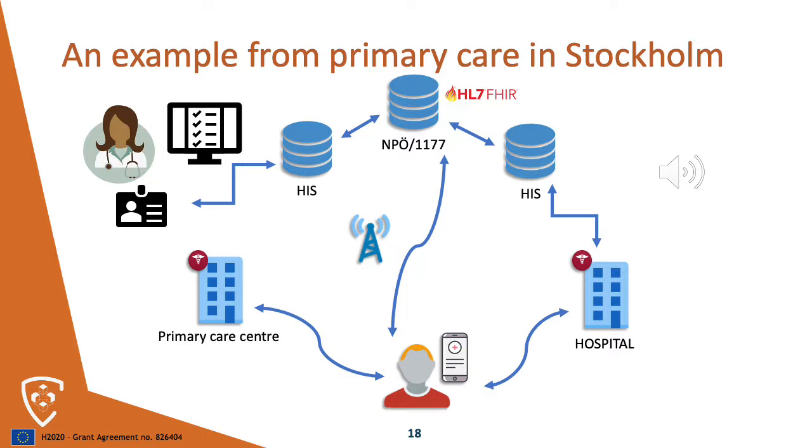Coming back to our previous example from healthcare, nowadays in Sweden, there has been a successful implementation of a national patient overview, where a selection of critical information from the EHR is collected, partly through FHIR messaging standards.